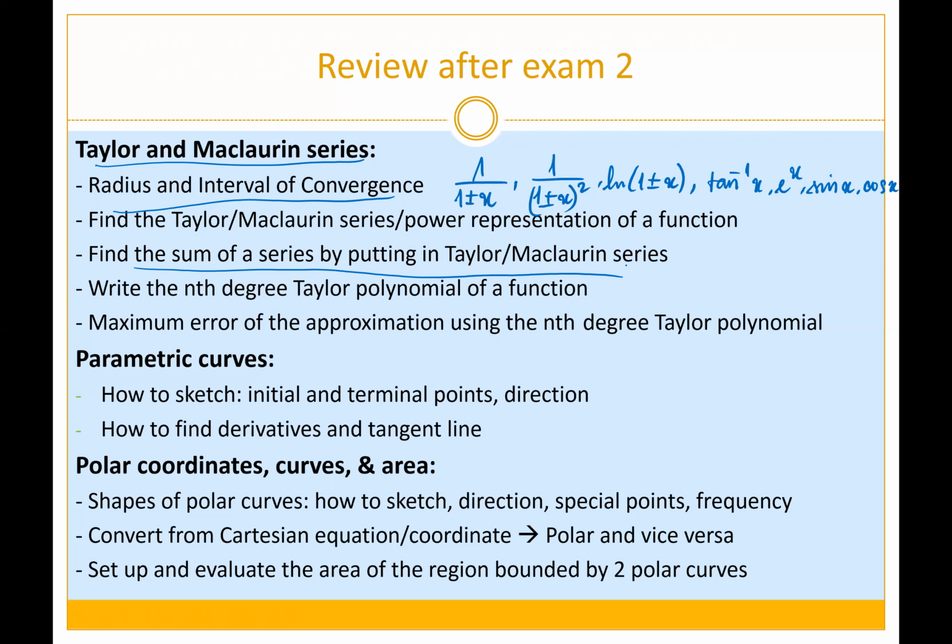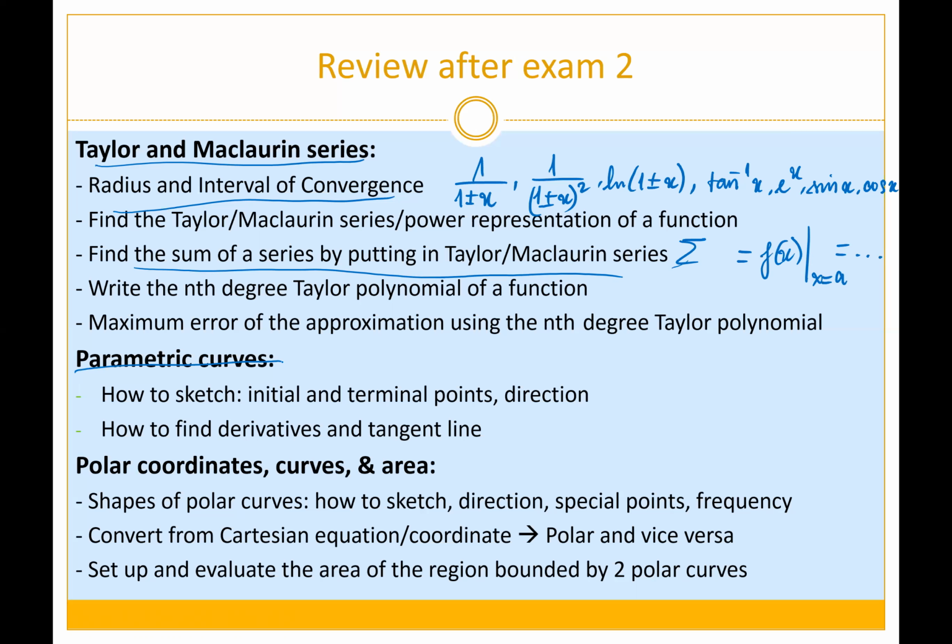It's by putting everything back into their functions using the Taylor-Maclaurin series representation. Then we put a series equal to some function, and then at some x equal to a, and then we resolve for that. And then the last part is to write the nth degree Taylor polynomial of a function and use that to approximate our function, and also estimate the maximum error of the approximation.